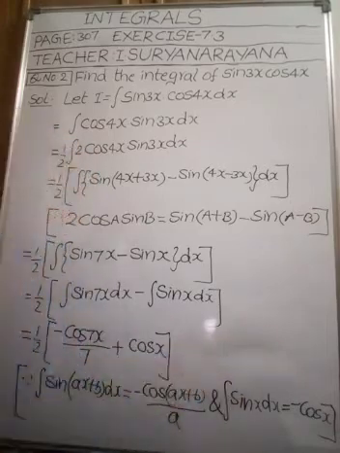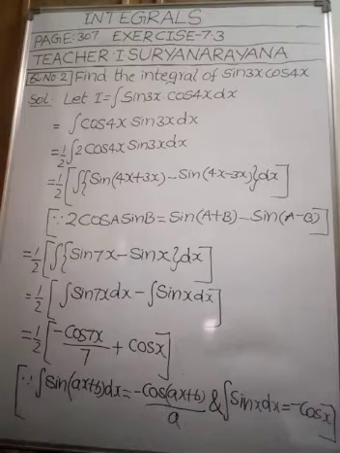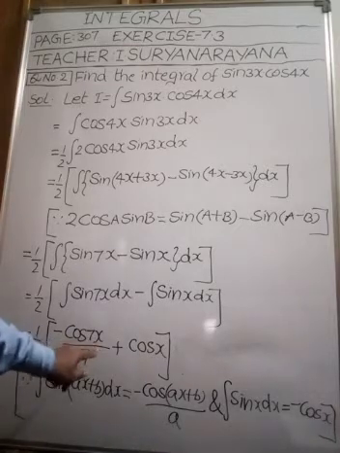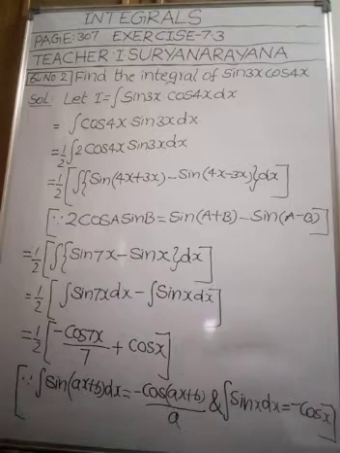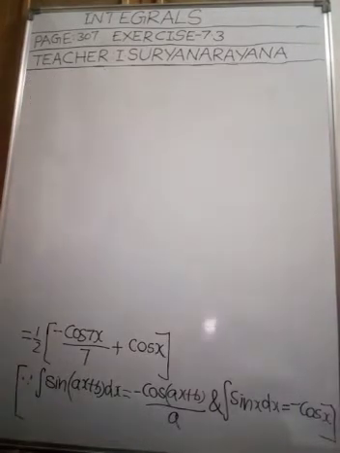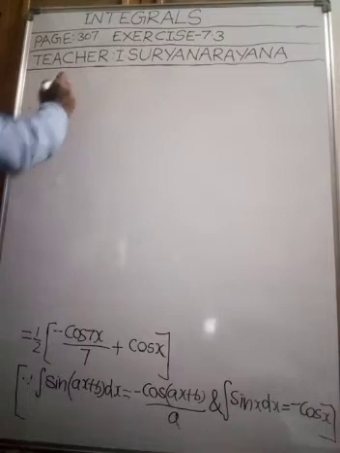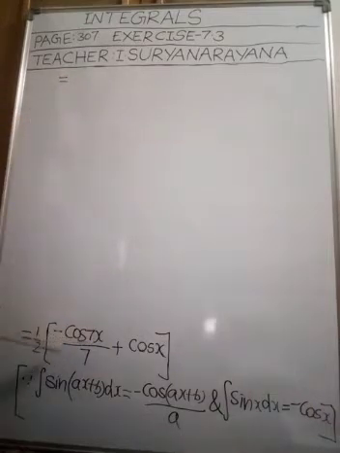Integration part is over. So finally, what you will do? You have to simplify. The simplification part is left. Okay, my children. Understood? Right. Now let us simplify this step. That is equal to, we multiply by 1 by 2. We use the distributive property. What will you get?